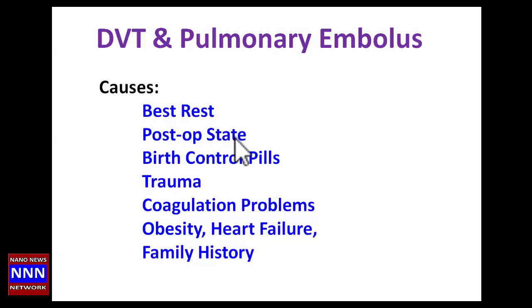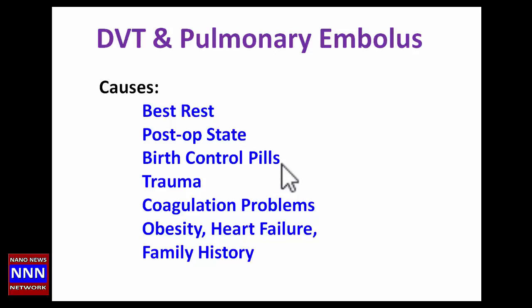We see a similar situation in the post-operative state when patients are on prolonged bed rest. That can lead to blood clot formation in the legs. That is why in a hospital setup we take very aggressive steps to mobilize these patients as soon as possible, use elastic stockings, and of course use blood thinners if a prolonged bed rest is expected.